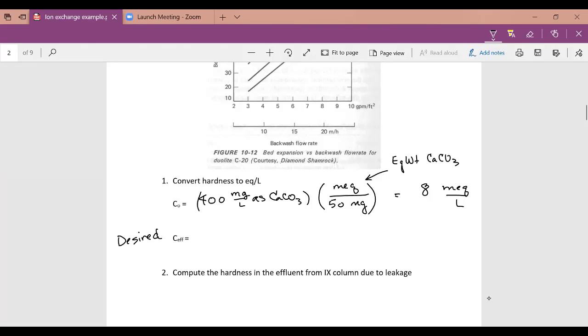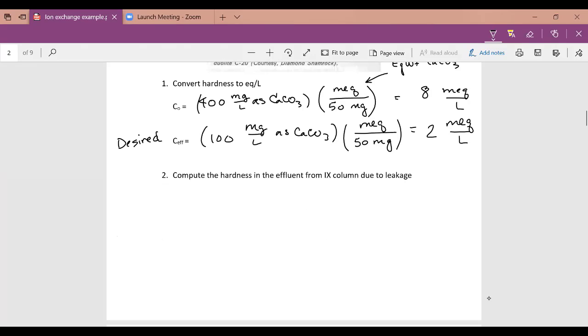Our desired hardness, so this is what we're looking for, was 100 milligrams per liter as calcium carbonate. So that's 2 milliequivalents per liter. So we also need to calculate the hardness in the effluent from the ion exchange column due to leakage.